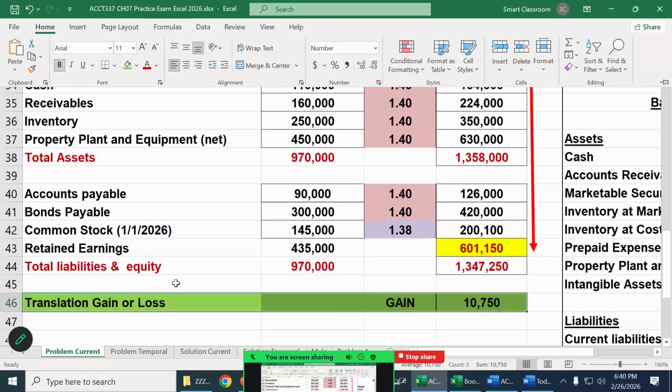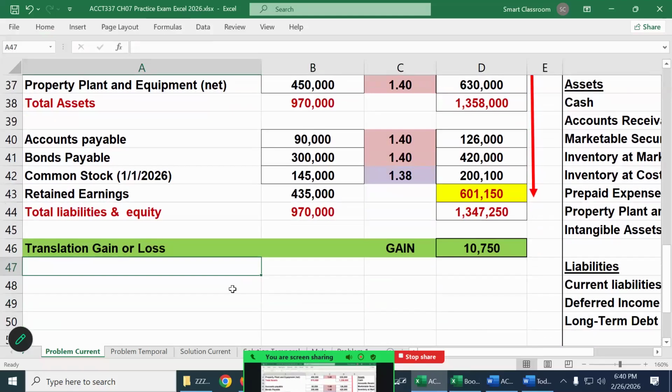So this would be a gain. I don't put it on here, but this goes through the balance sheet. This goes through the equity section. This would be a comprehensive income item.